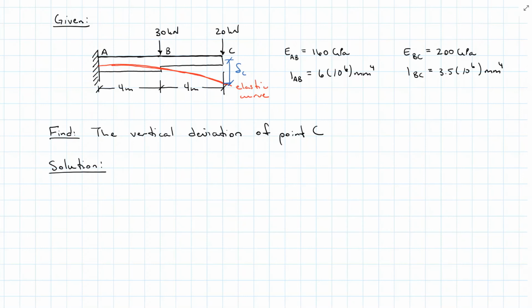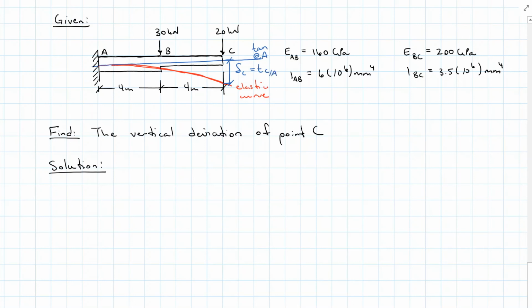Here's what's great, is because there is no rotation at A, that means that if I draw a tangent line at A, it's flat, it has zero slope. So with cantilevers, my deflection at C is actually equal to theorem 2. Yay!